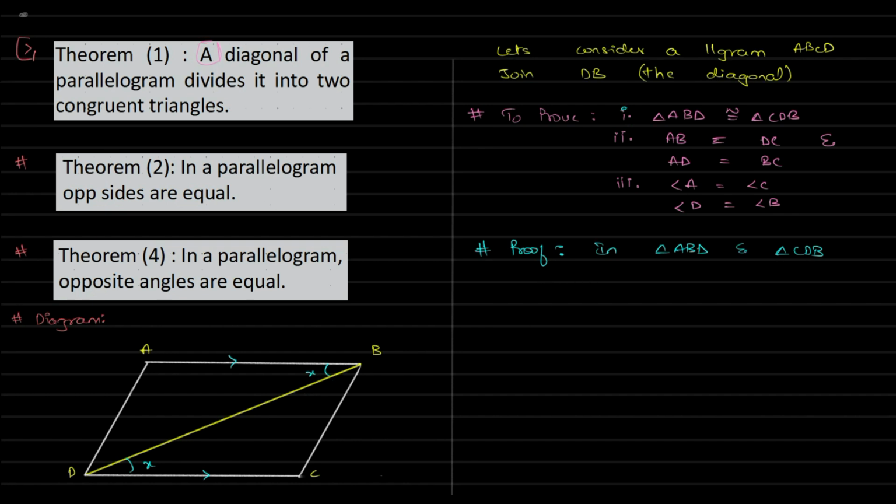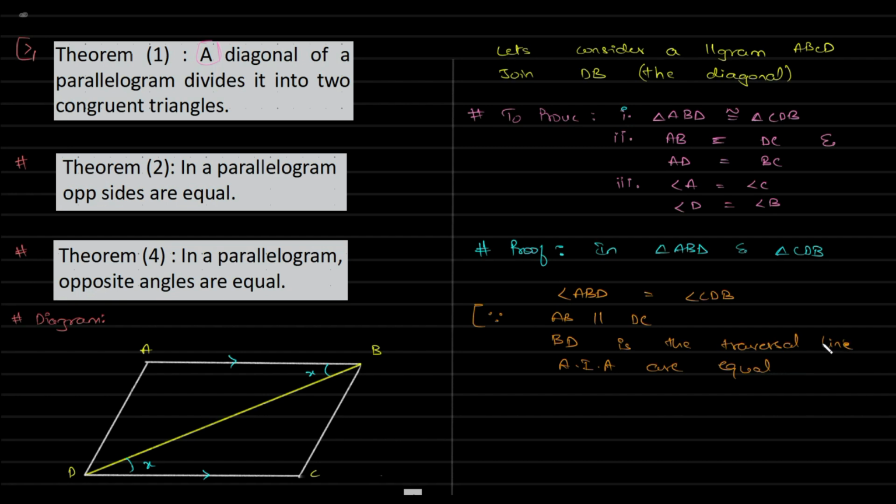So we have angle ABD is equal to angle CDB. Reason: AB is parallel to DC, BD is the transversal line, so alternate interior angles are equal.